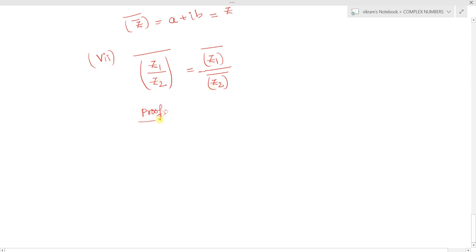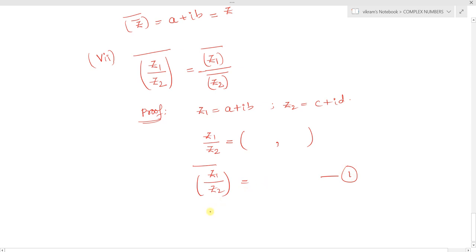You can consider z1 equals a plus ib and z2 equals c plus id. Then perform the division z1 by z2, as we already did in the division of complex numbers. Then find out (z1 by z2) whole conjugate, and you will get the result.